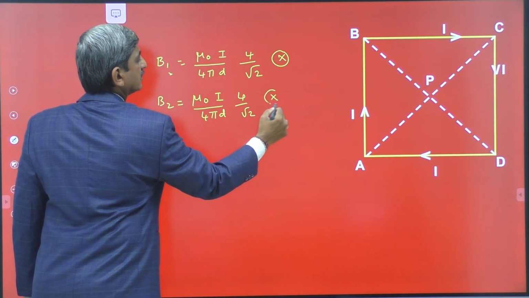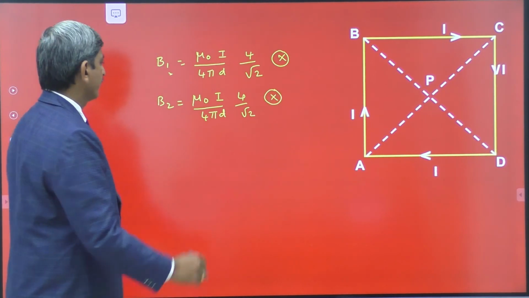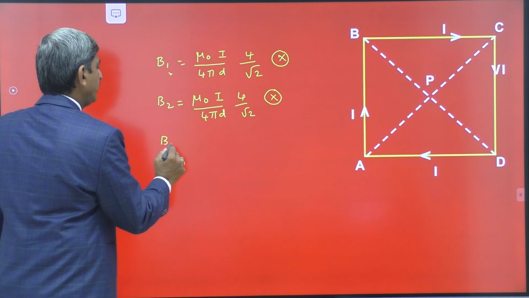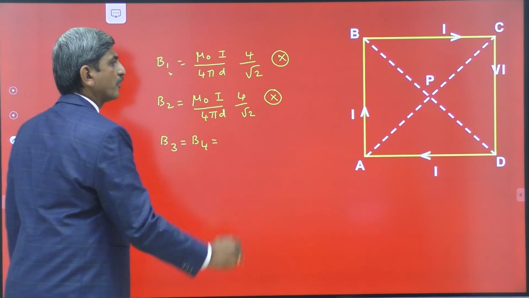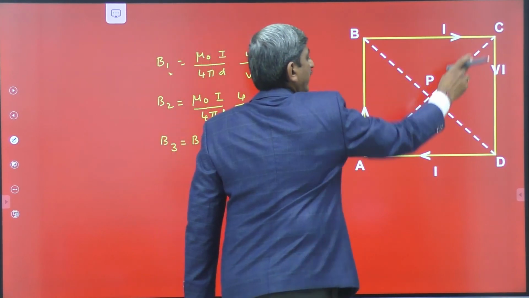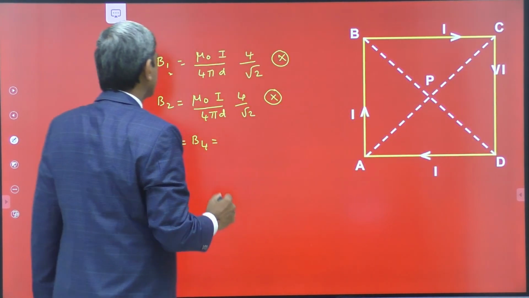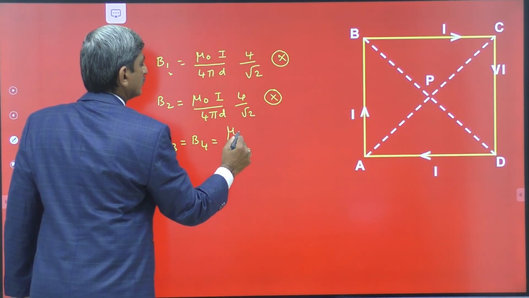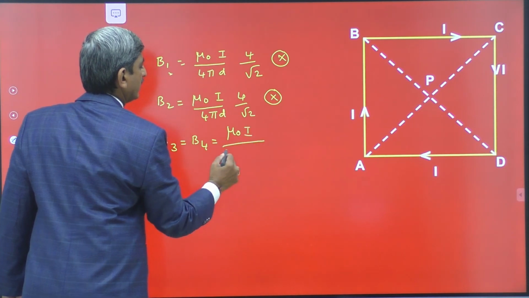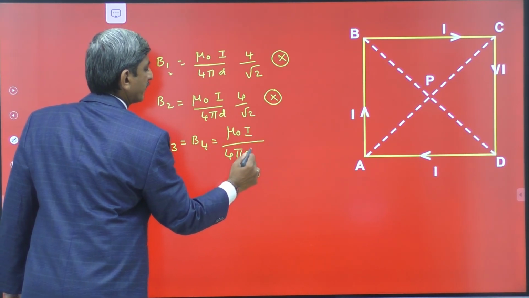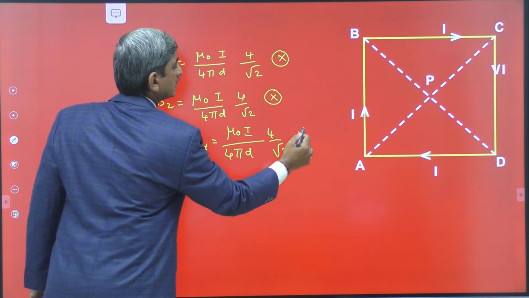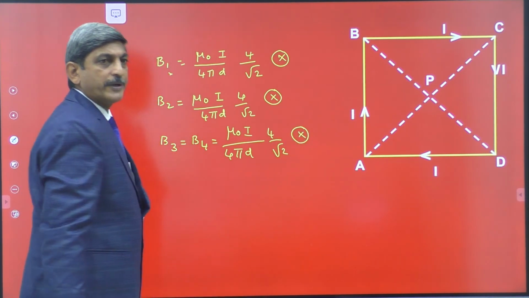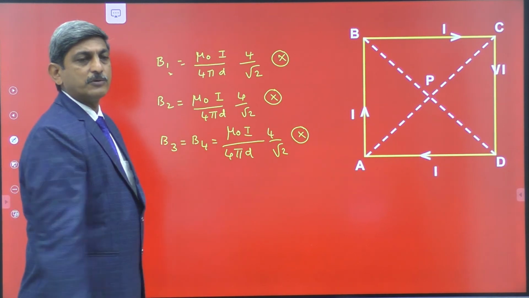It is also into the board. Similarly, B3 and B4, which are the magnetic fields produced by the CD wire and DA wire, are also equal to mu naught I divided by 4 pi d into 4 by root 2, and they are also acting perpendicular to the plane and entering into the board.